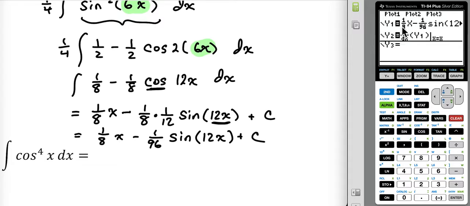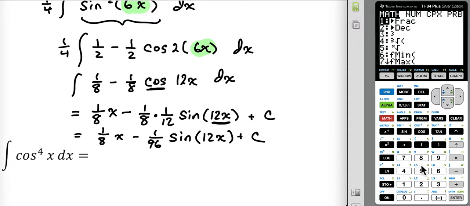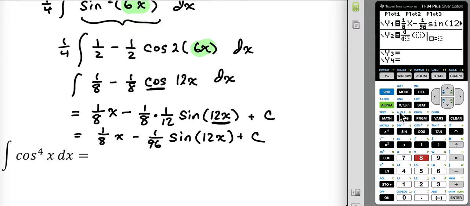You type in your integrand, your integral, your final answer, then tell the calculator to take the derivative of it. So I type in our answer as the original function. Math 8 brings up derivative. The variable is x. We want the derivative of y1 for all values of x.